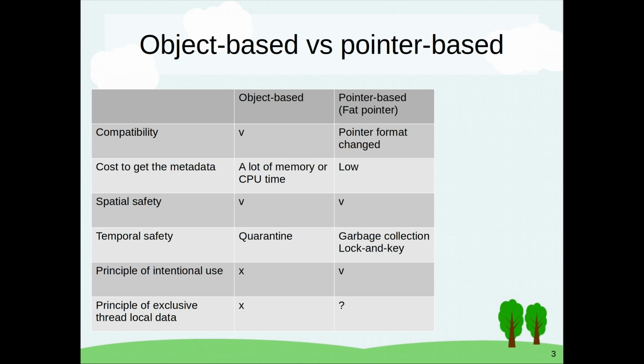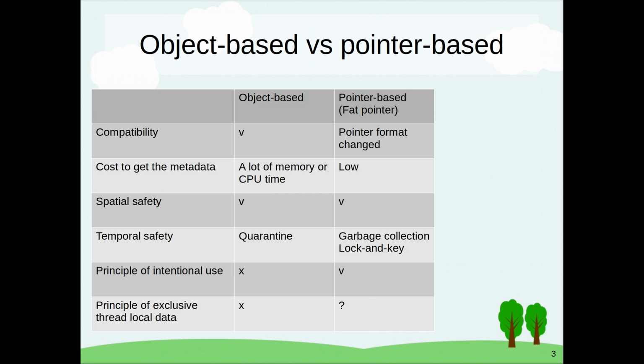Since the pointer format is not changed, it is compatible with all programs. For the pointer-based approach, the metadata is associated with the pointer. Usually, it is stored along with the pointer, so the pointer becomes bigger. That's why it is also called the fat pointer approach. Since the pointer format changed, it is not compatible with old programs.